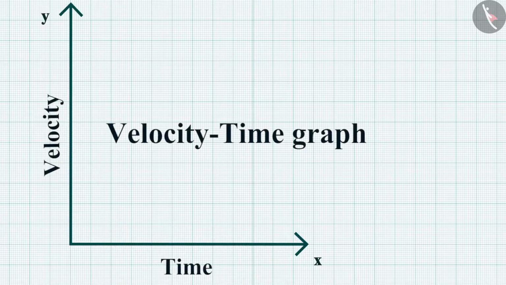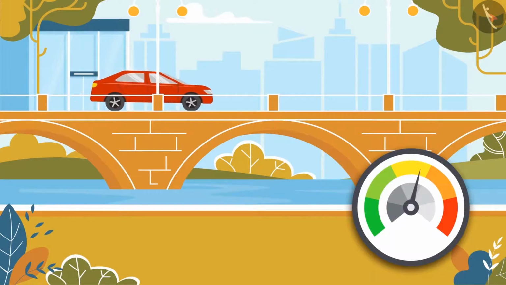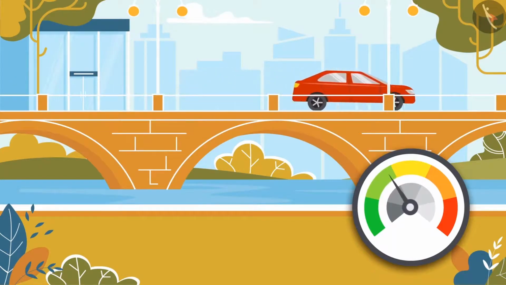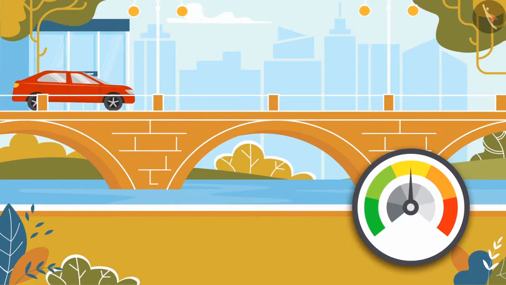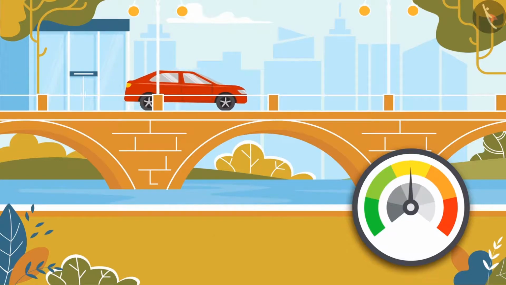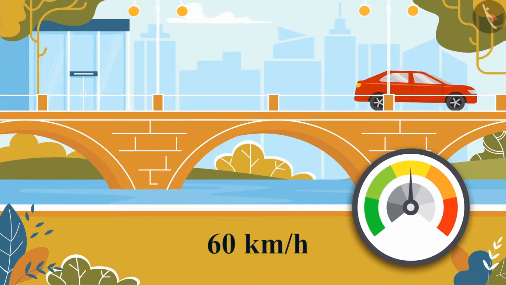Now, let's study the velocity-time graph. The variation in velocity with time for an object moving in a straight line can be represented by a velocity-time graph. Suppose a car is moving at a uniform velocity of 60 km per hour in a certain direction.